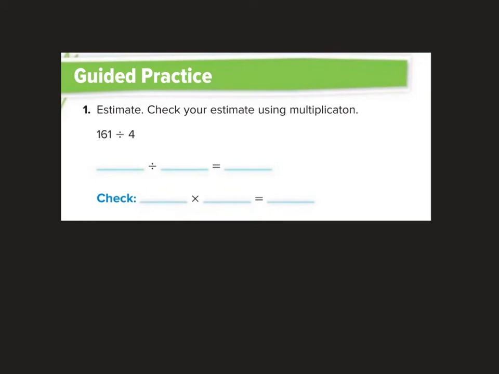Estimate, check your estimate using multiplication. Now, does it say round each number to the nearest whatever? No, because we are using compatible numbers. Numbers that are easy to work with. Okay? So again, I'm going to look at my single digit number of 4, and I'm going to write down multiples of 4: 4, 8, 12, 16, 20, 24, 28.